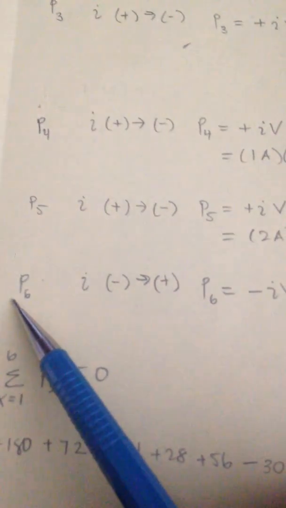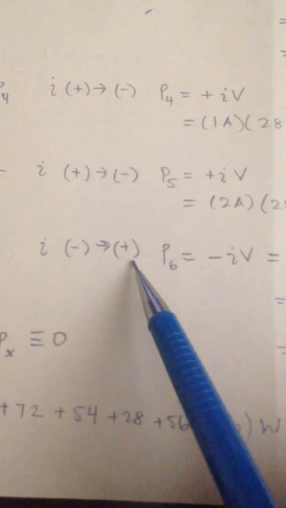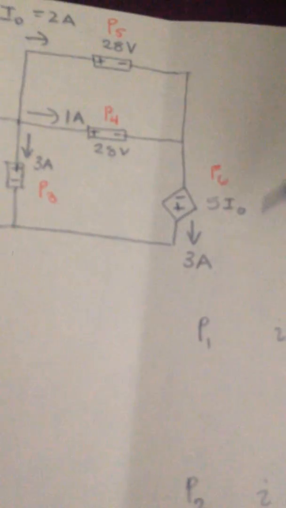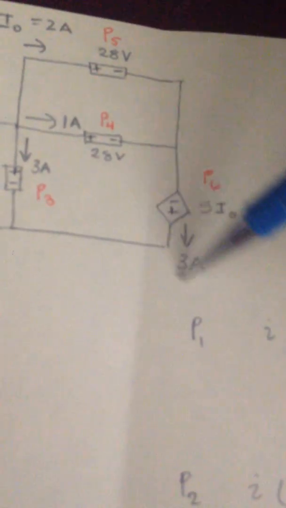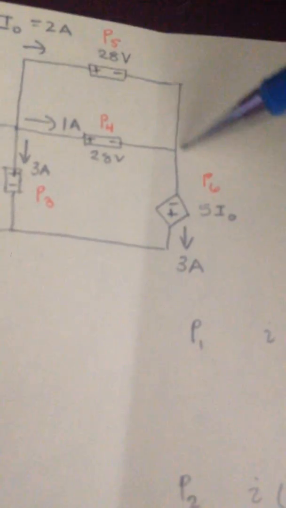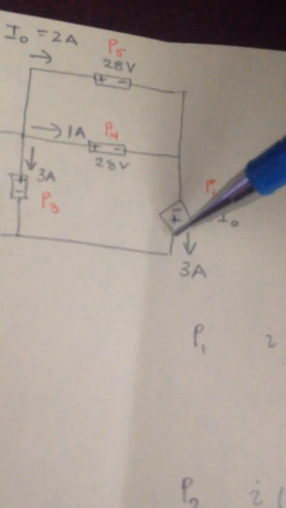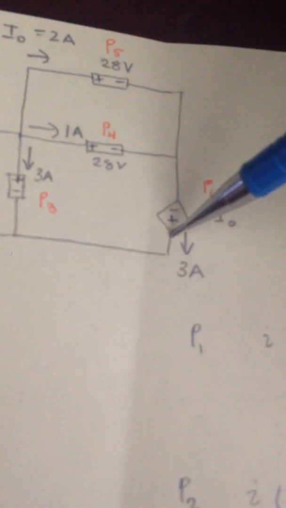P sub 6 was a little bit different, but again, same idea. The current is flowing from the negative to the positive terminal. So if we look at P sub 6 really quickly, the current is down here, which means that it already came out. But where did it come in? It had to have come in from up here. So then it touched the negative terminal, and then it touched the positive terminal.